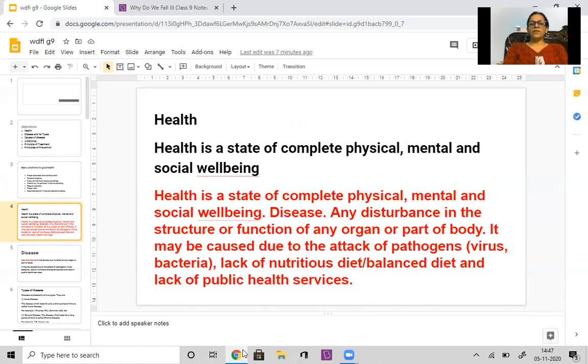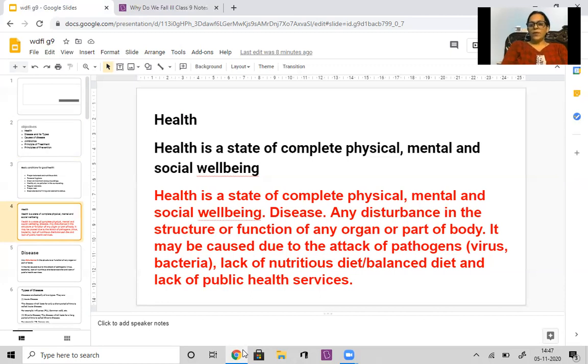Maybe 30, 40, 50 students are sitting in the classroom, and everybody is looking fit and fine. Maybe some of them are having a headache, eye pain, or stomach ache. So by observing only, you cannot say that person is fit, right?